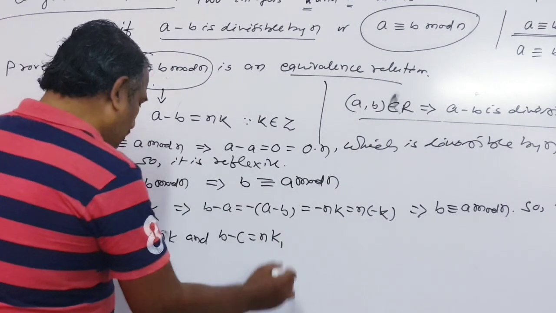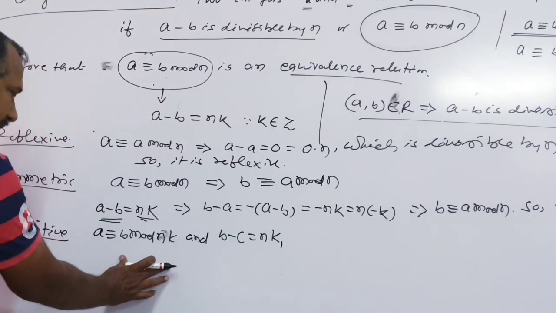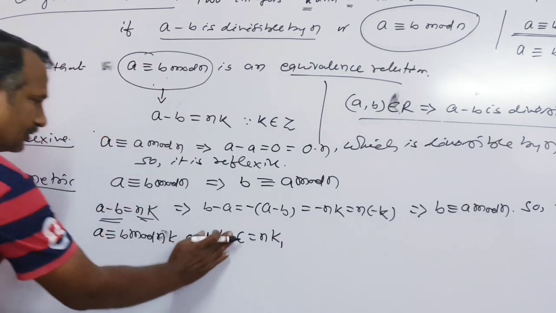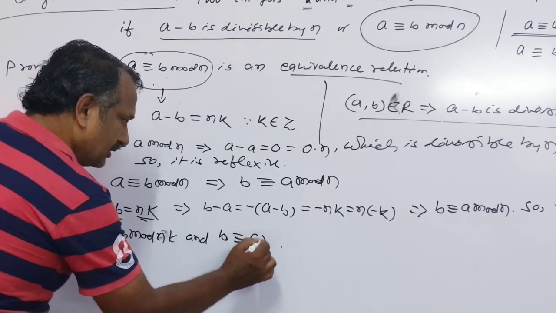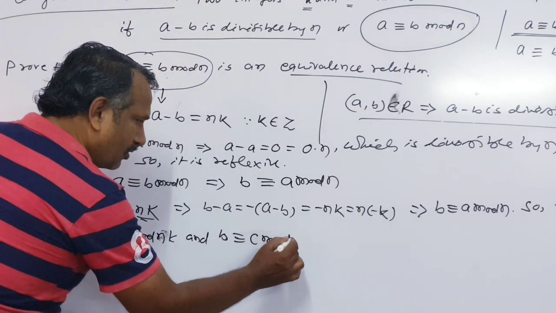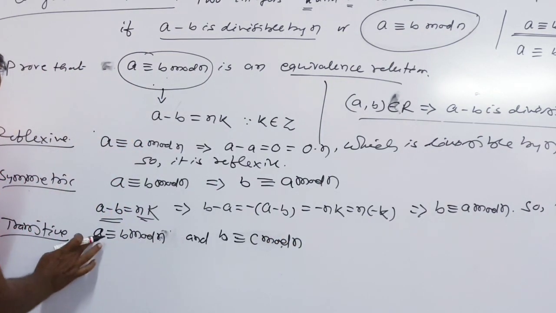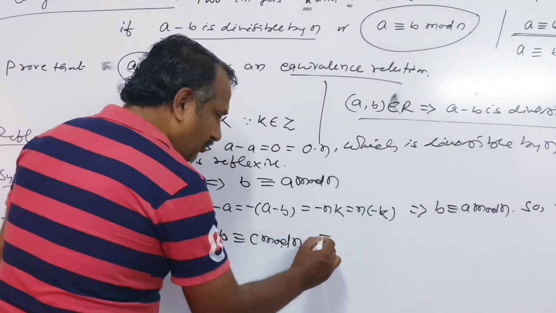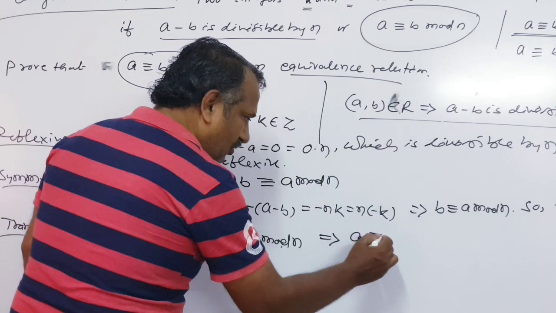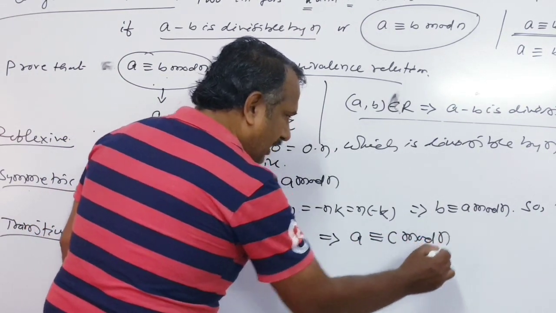Now you have to show that b is congruent to c mod n. Here, a is congruent to b mod n and b is congruent to c mod n. Now you have to show that a is congruent to c mod n.